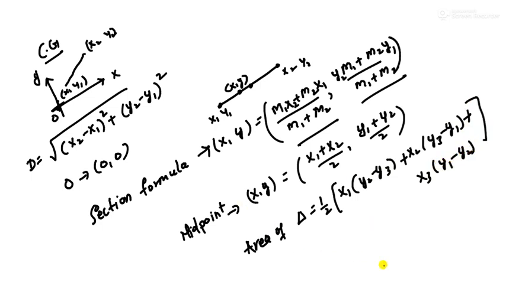So these you have to remember, and area of triangle is 0 when the 3 points are collinear. You have to remember this also. Based on these they are going to ask questions in your exam.